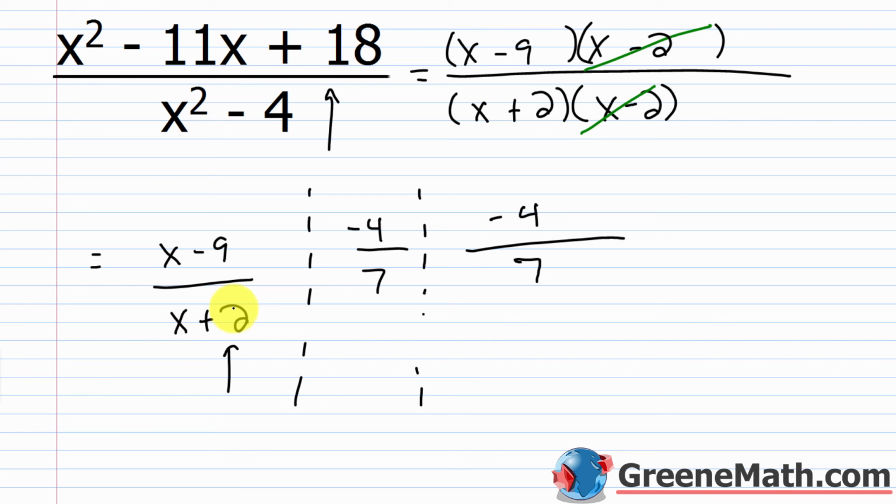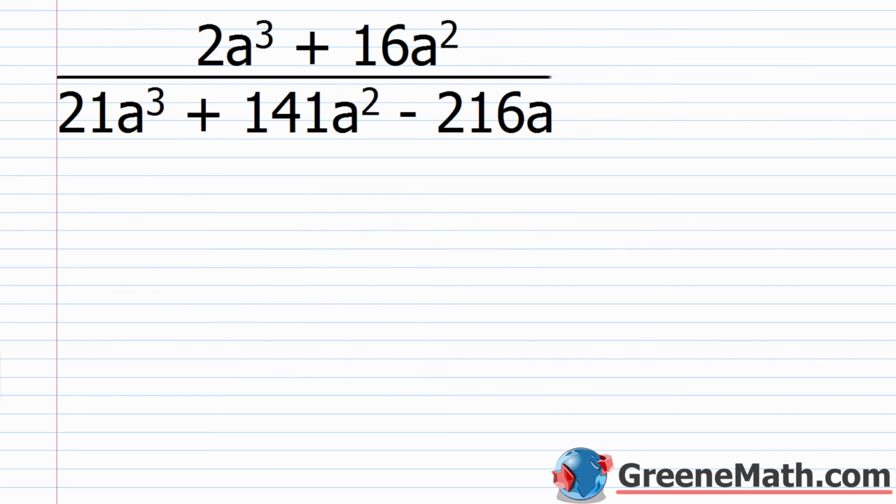It makes it easier if you need to plug in a value for your variable and see what that rational expression is equal to. All right, let's take a look at one final problem. So we have 2a cubed plus 16a squared over 21a cubed plus 141a squared minus 216a.